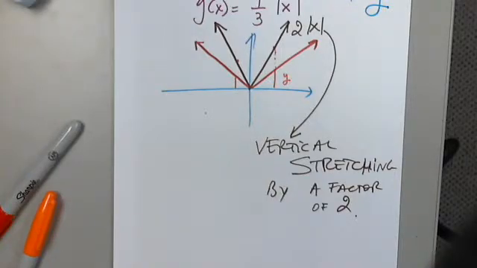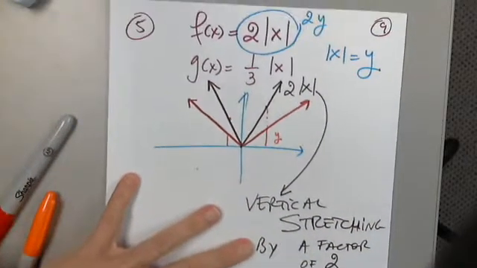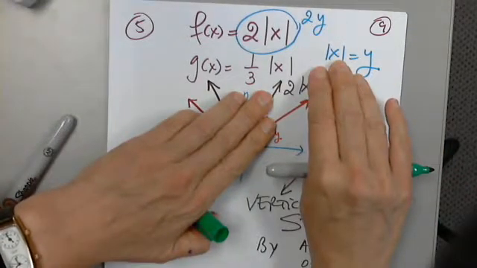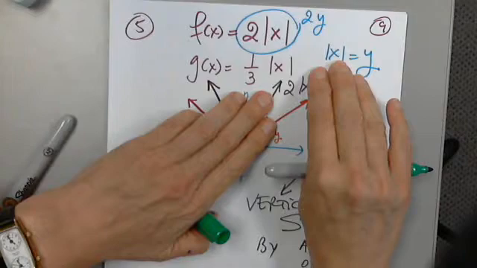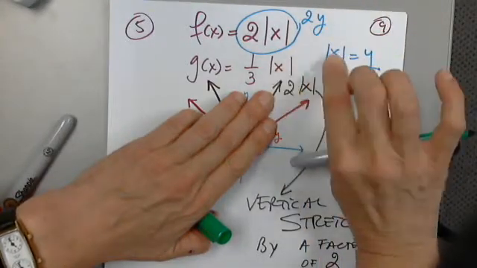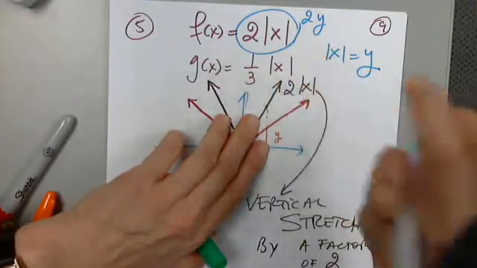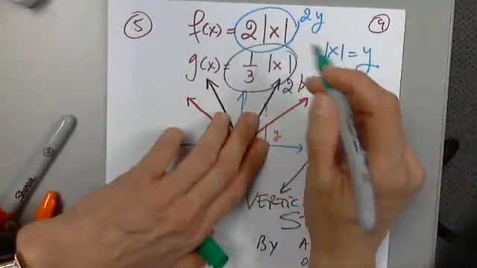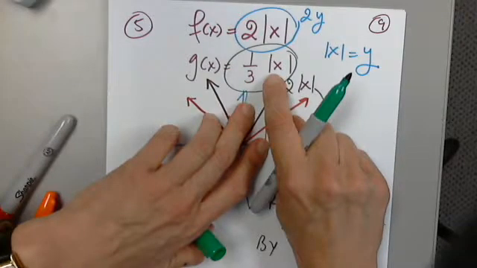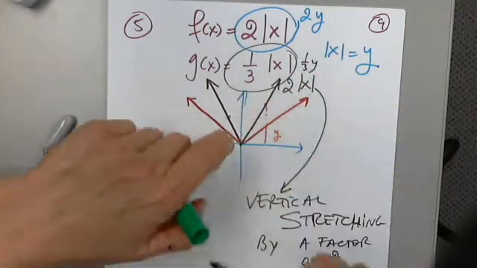Okay. So now I'm comparing these two. Am I changing x or am I changing y? Correct, because there is nothing that changes or touches x. It's outside. So if this is y, how much will this be? 1/3 times? Okay, what does that mean?